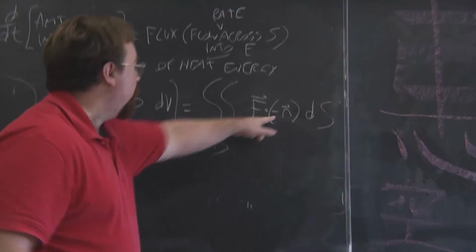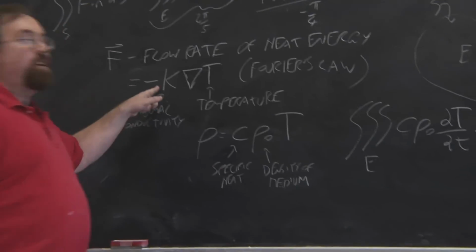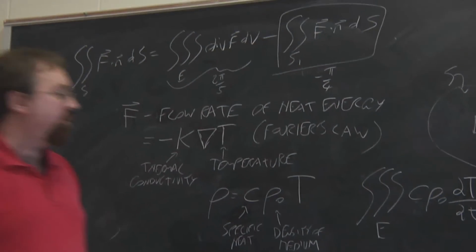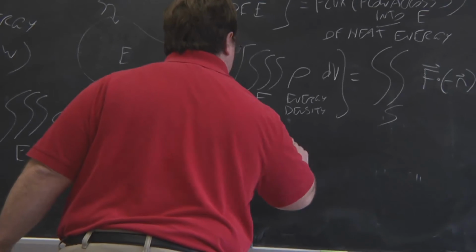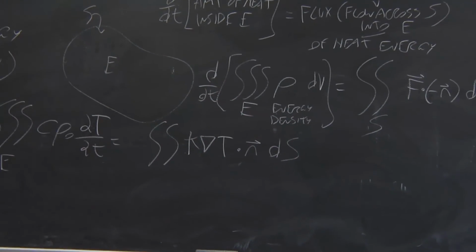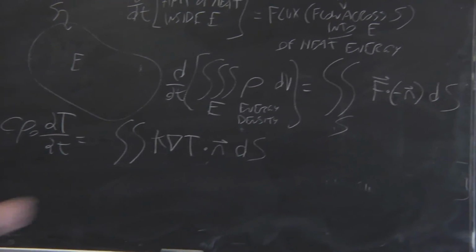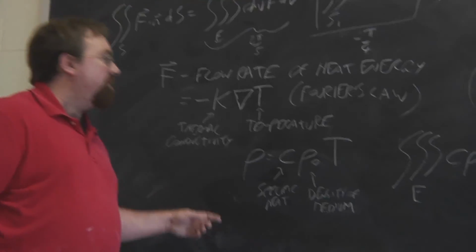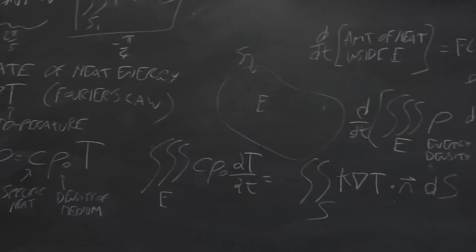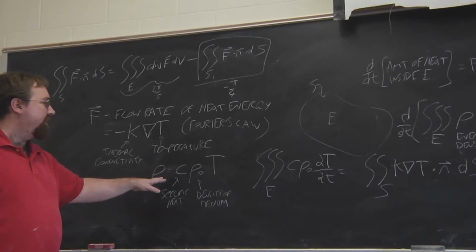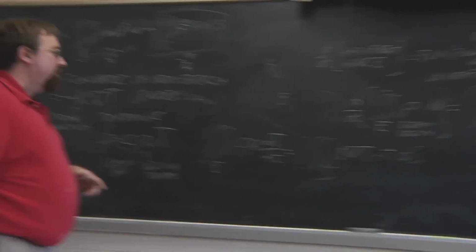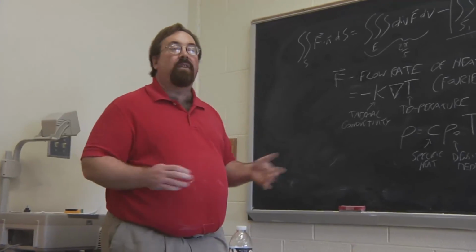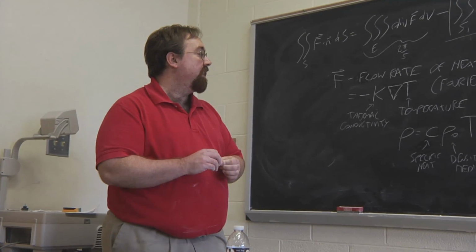So we have a minus from the normal, and then we have a minus from the definition of F. Those will cancel out. And this is what you're left with, over S. So it's conservation of energy, and keep in mind how the flow rate and the energy density are defined in terms of temperature. So now we have temperature on both sides of this. This is the only variable in question. Really, everything else is a constant.